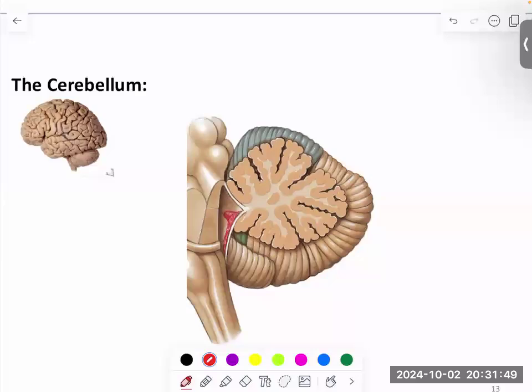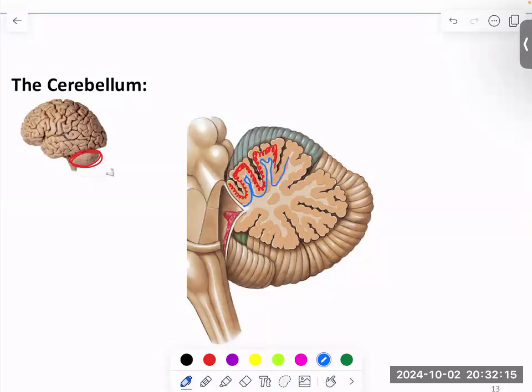The cerebellum literally means the small brain. The cerebellum, you can see its area of gray matter. Gray matter is the centers where it does the processing, the dark part. And you'll be able to see the white part, the white matter.